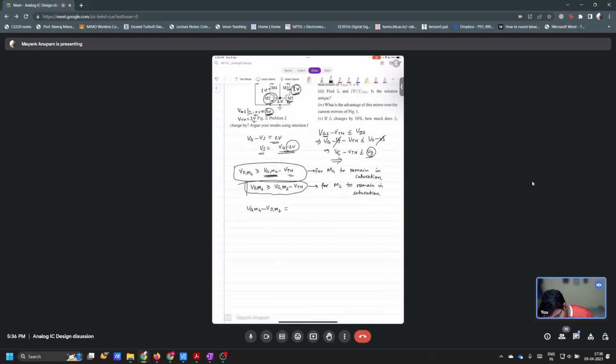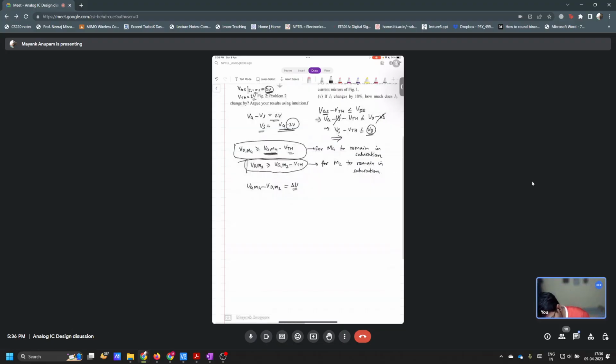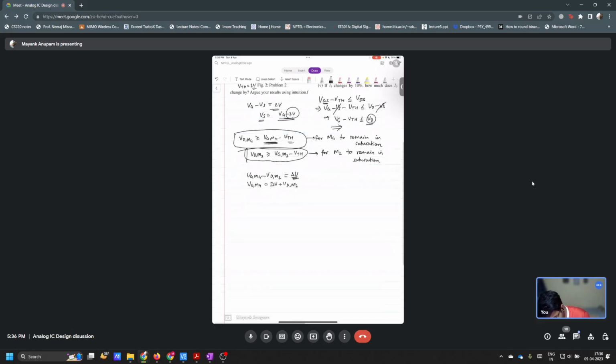Let's call it some delta V, which is a constant value. So VG of M4 is equal to delta V plus VD of M2.